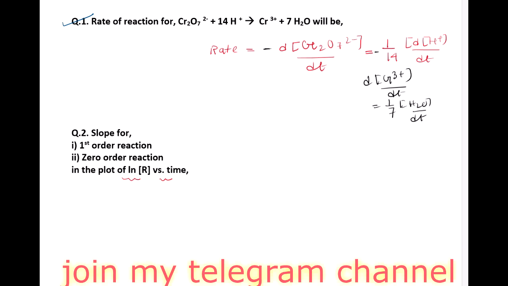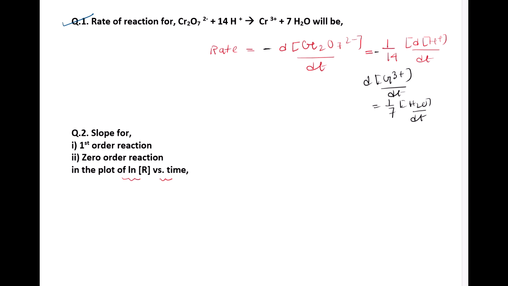Here, the slope for a first order reaction, the plot of ln R versus time. For a first order reaction, as we know, the reactant concentration at any time equals the initial concentration of the reactant times e to the power minus kt, where t is the time. Now we can write ln A equals ln A0 minus kt.